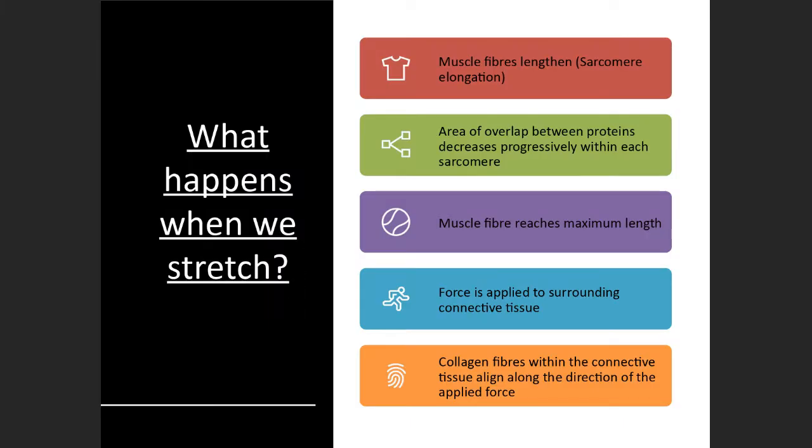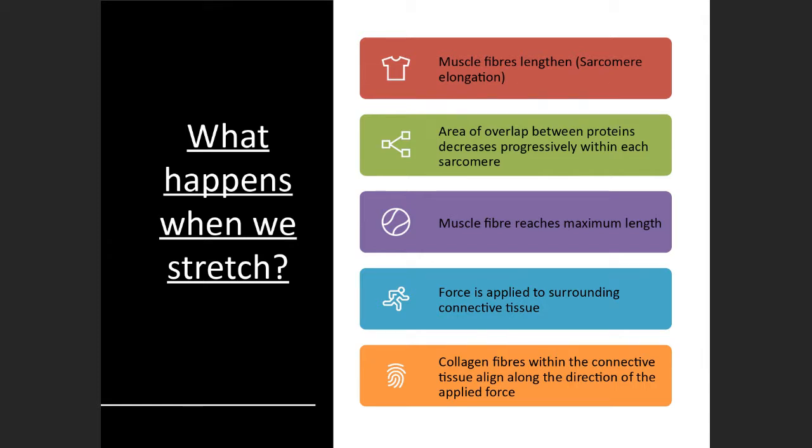So what happens when we stretch? We want muscle fibers lengthening, okay? The sarcomere is elongating. There is such a thing as strength training where you can get sarcomeres in series, which is one after the other, or sarcomeres in parallel.